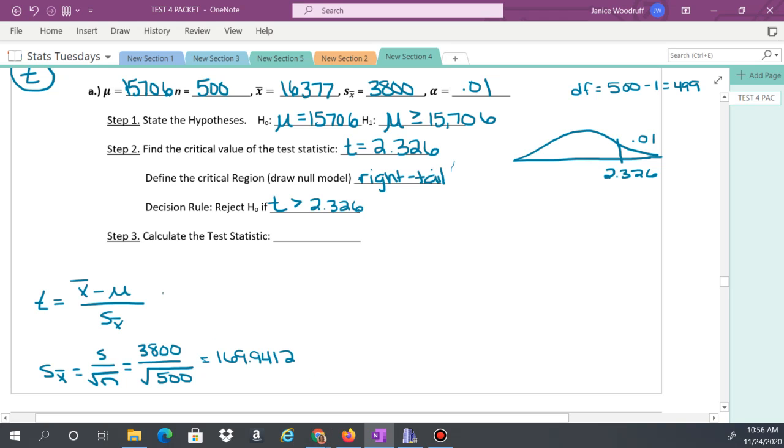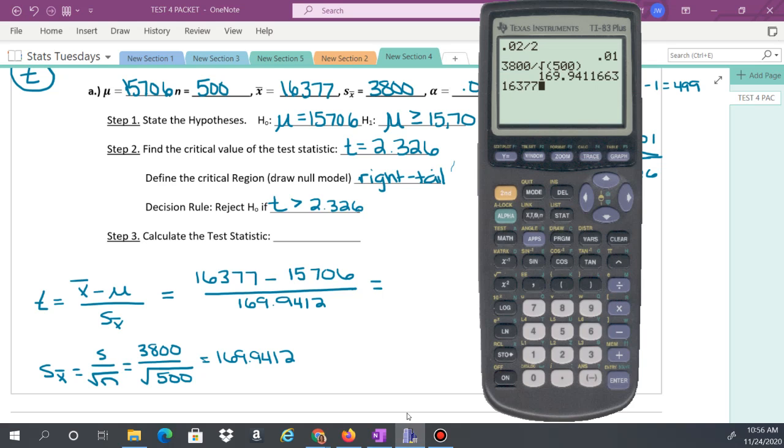Okay, so then let's go ahead and plug this in and find our test statistic. So our x bar was 16,377, minus the mean of 15,706, and then over this standard deviation of 169.9412. So let's get that value. So we have 16,377 minus 15,706 divided by 169.9412.